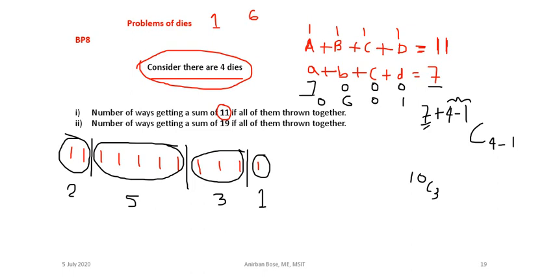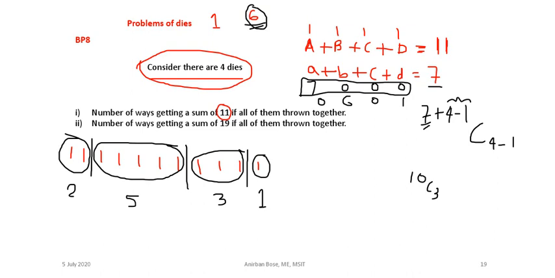Now tell me, is this option acceptable or not? This option is not acceptable because this A cannot be 8. This option is also not possible because this capital B cannot be 6 plus 1, that means capital B cannot be 7, because you know the maximum value of A, B, C, D can be 6.